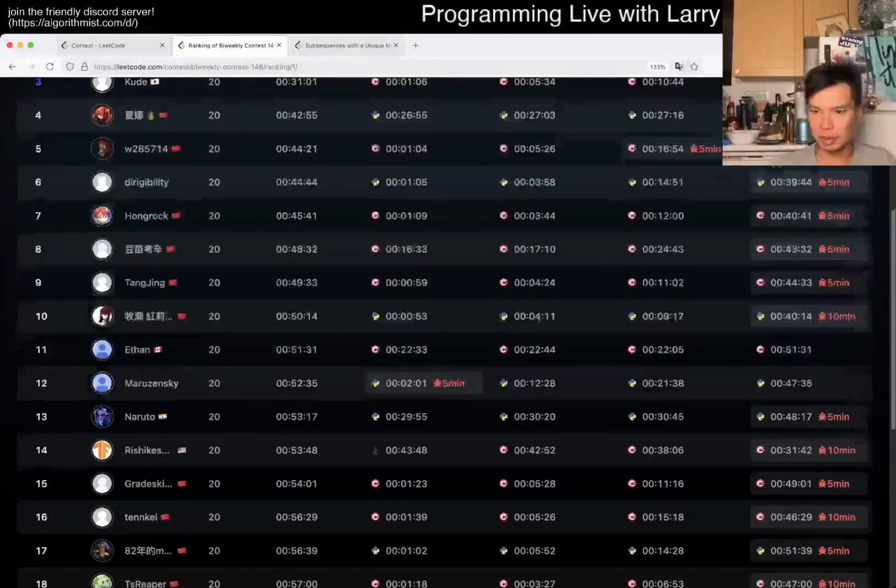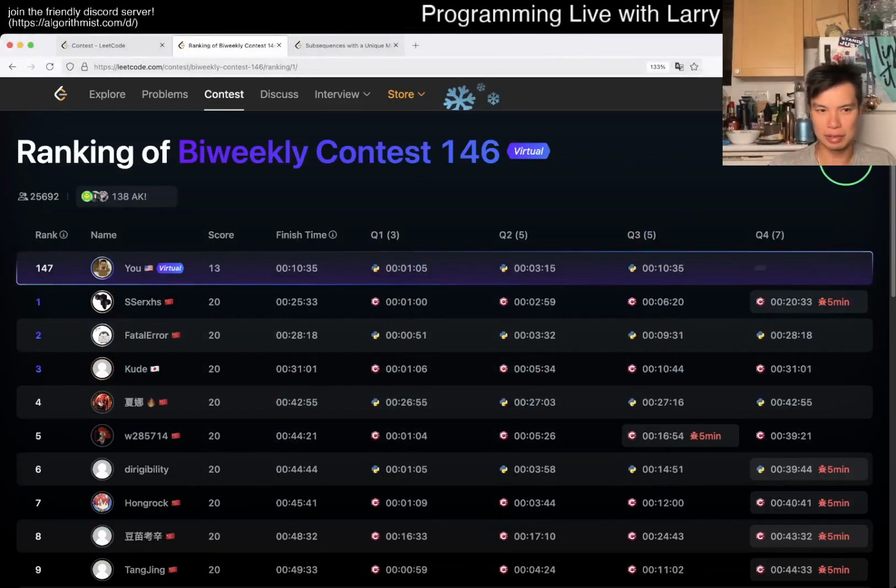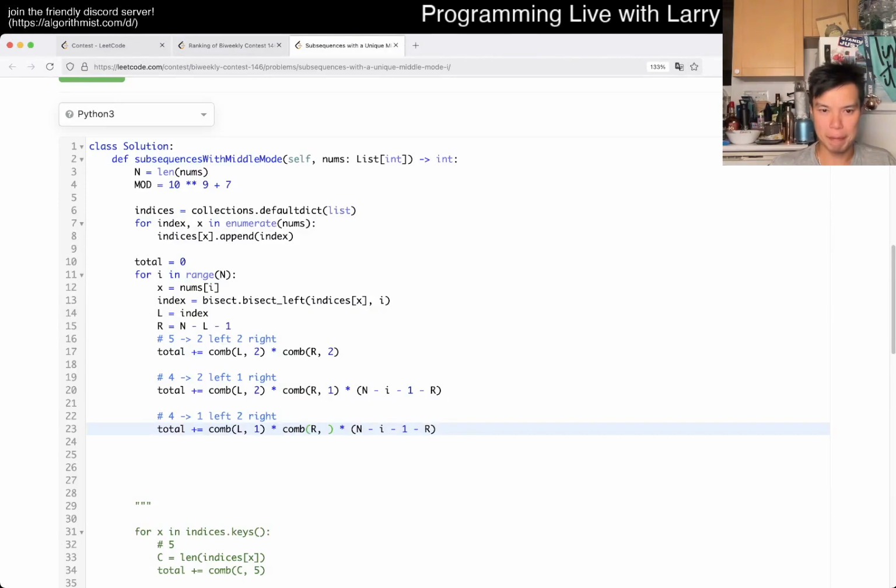How does this look? A lot of people got wrong answers. Okay, so it's still going to be tough. Choose 2. Then now on the left side there should be i elements, right? Yeah, i elements minus L, and that's it, right?